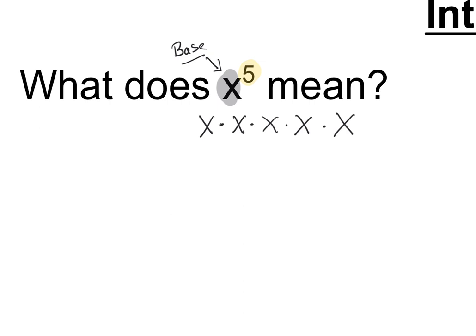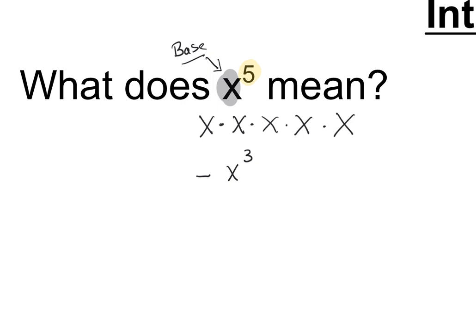So, for example, if I have something like negative x to the 3rd, what's my base in this one? Is it the x or is it the negative and the x? What's being raised to the power? Is the negative being raised to a power? Not in this case.